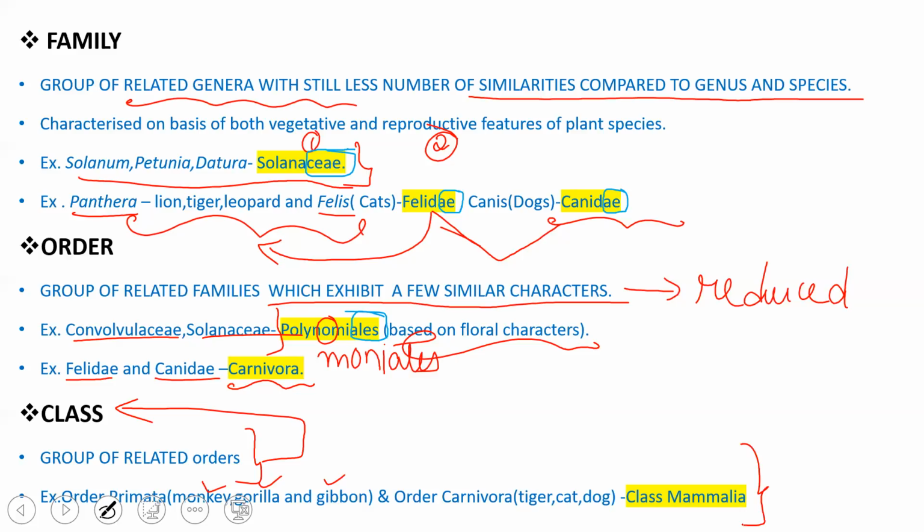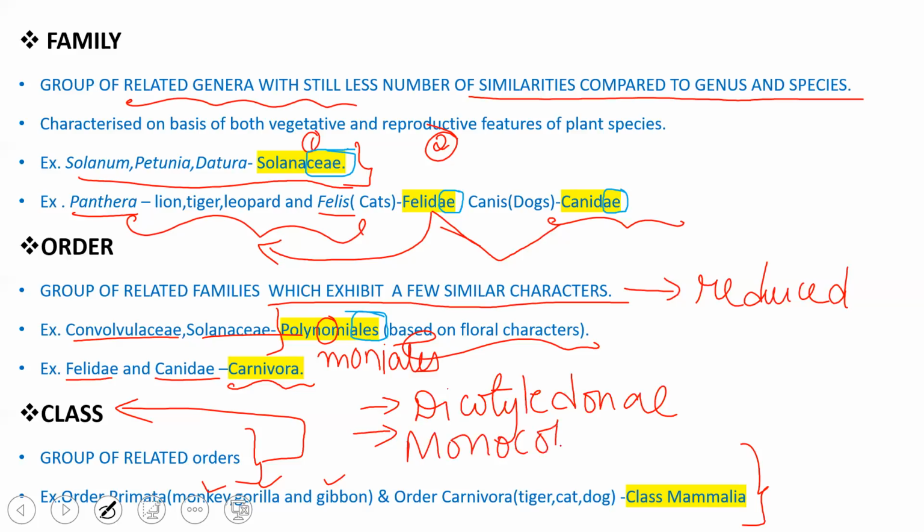Likewise, in the case of plants, you know that there are two important classes for any plants, especially the angiosperms: Dicotyledonae, and then Monocotyledonae, based on the number of cotyledons which they possess, especially in flowering plants.